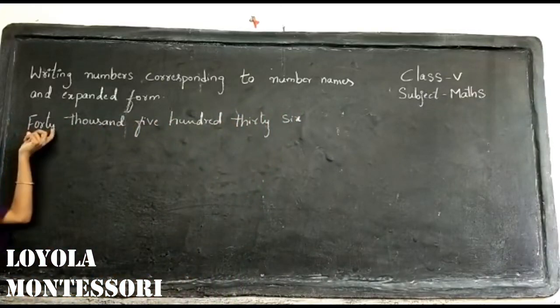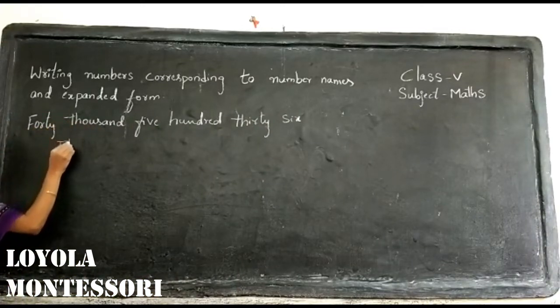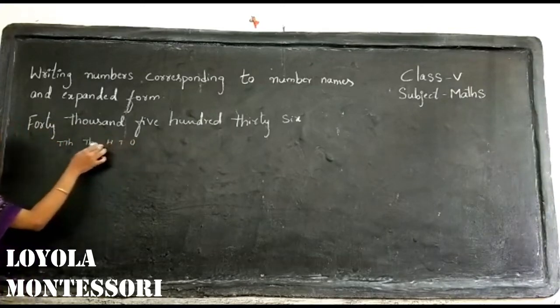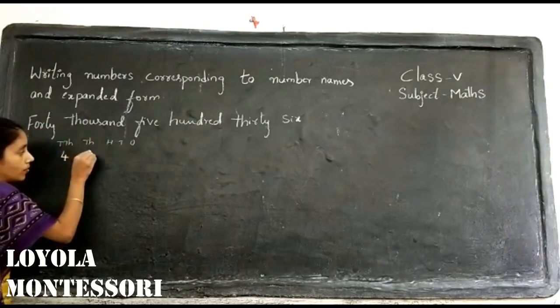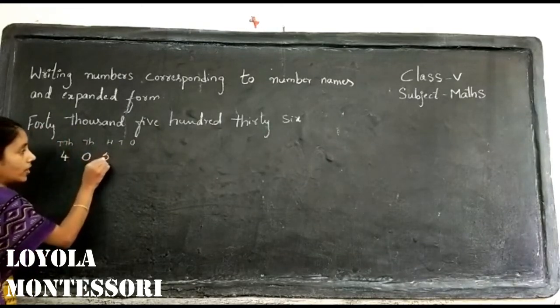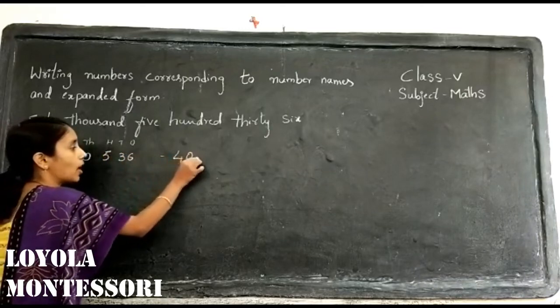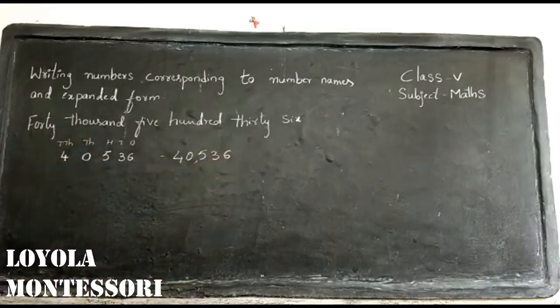It is 40,000, that is 10,000s place. To make it easy, write the place values from 10,000s: ones, tens, hundreds, thousands and 10,000s. So 40. 4 is in 10,000s place. 0, 536. So the number is 40,536.